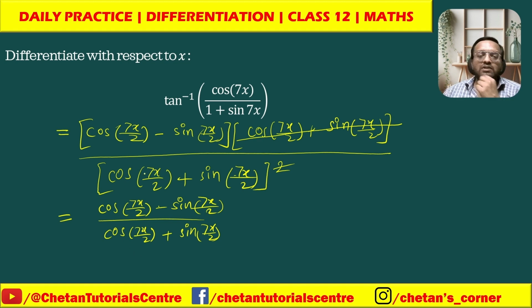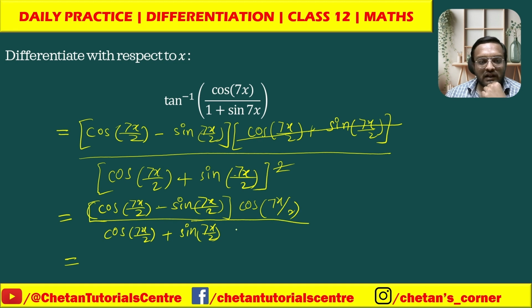Now I have to convert this numerator and denominator in the form of tan. So how to do that? I will divide this numerator by cos 7x upon 2 and denominator by cos 7x upon 2.